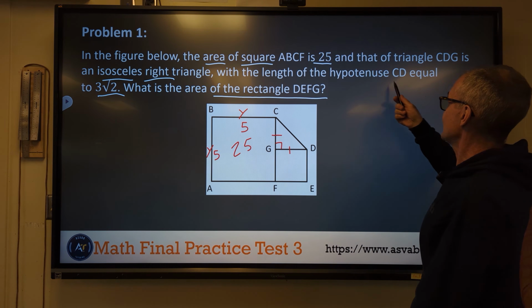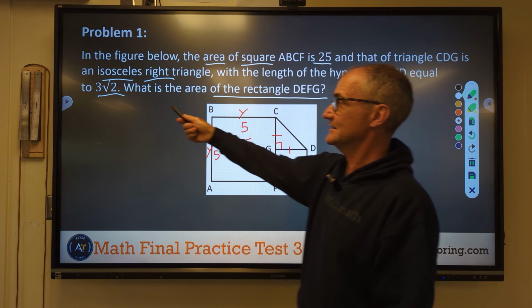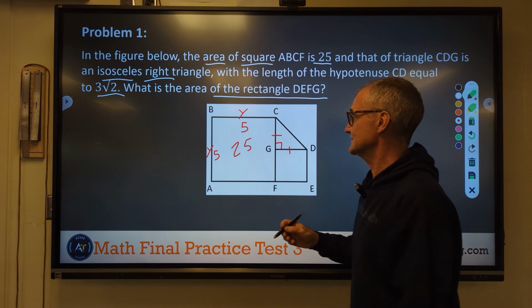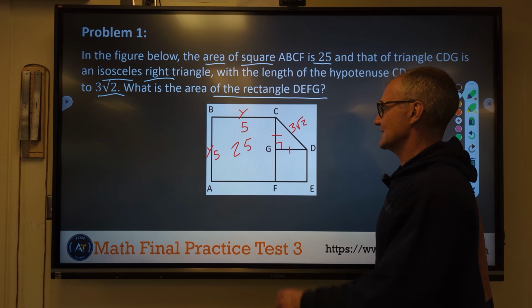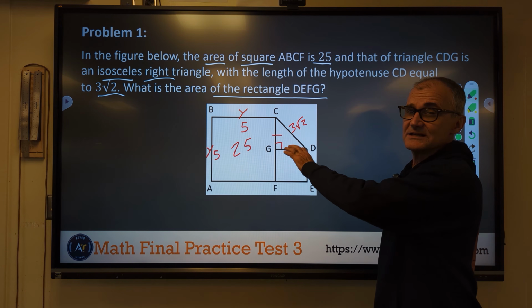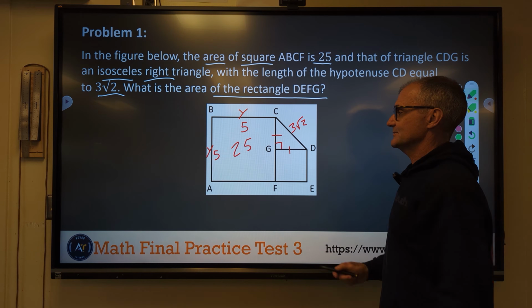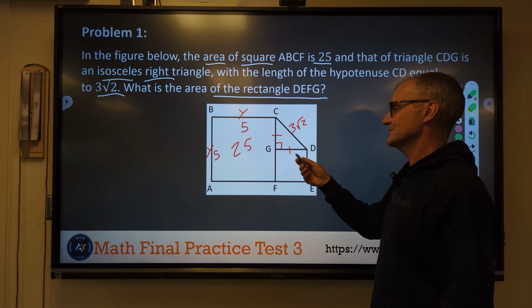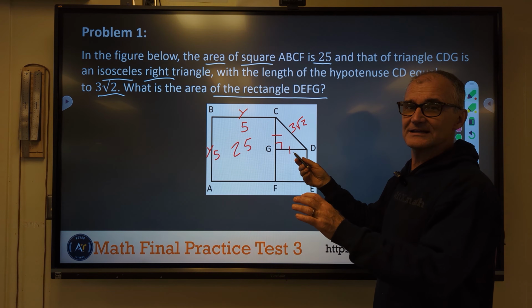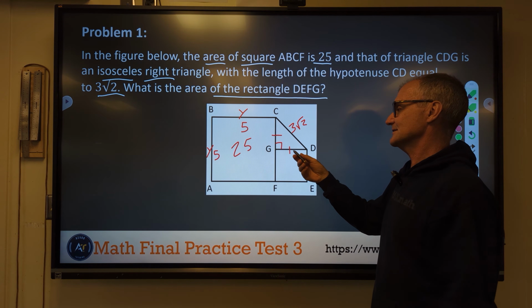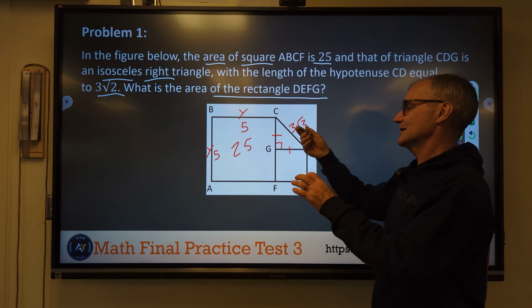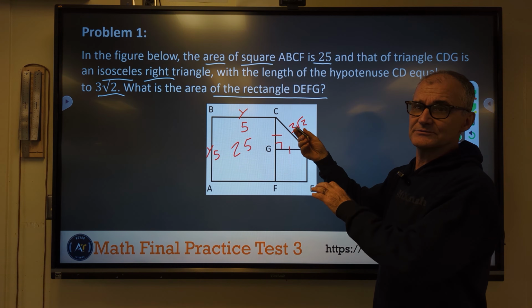And the length of the hypotenuse, CD, is 3 root 2. So this is 3 root 2. Not only is this a right triangle, it's an isosceles right triangle, meaning that these are the same. And I could identify that and know the rule of isosceles right triangles, that the legs are a number and the hypotenuse is that number root 2.